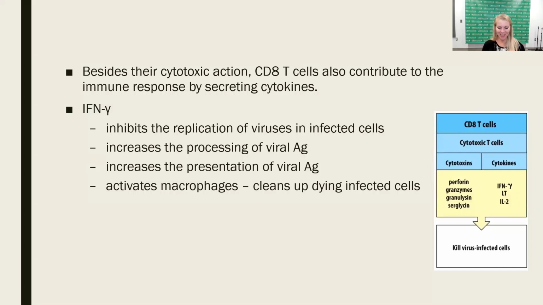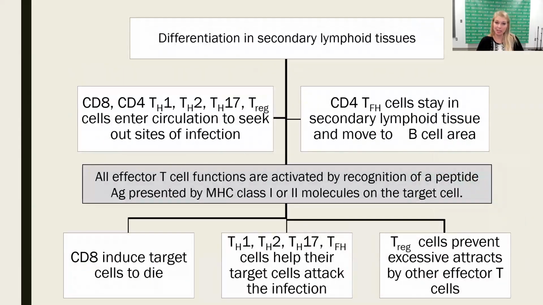We made it. There's just one more slide here, and it's a big summary slide of everything that we looked at, where we have a differentiation of the T cells, whether it's CD4, CD8, but mostly CD4, where they're going to interact and become activated in the secondary lymphoid tissue.